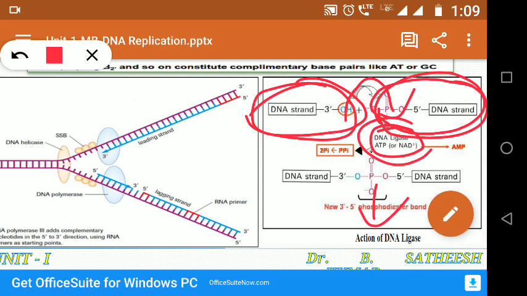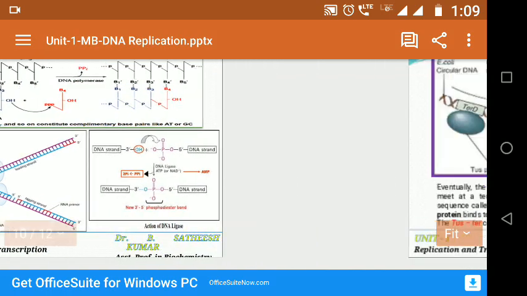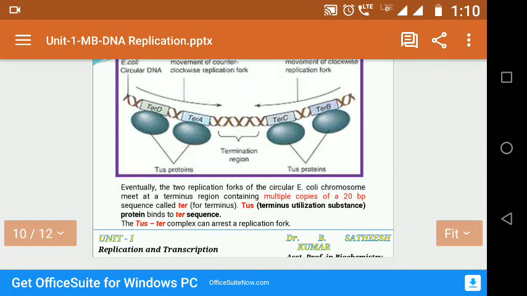The gap is sealed by the enzyme called DNA ligase. So the RNA primers are removed by DNA polymerase 1, and the Okazaki fragments are joined by DNA ligase. So this is called leading and lagging strand synthesis.